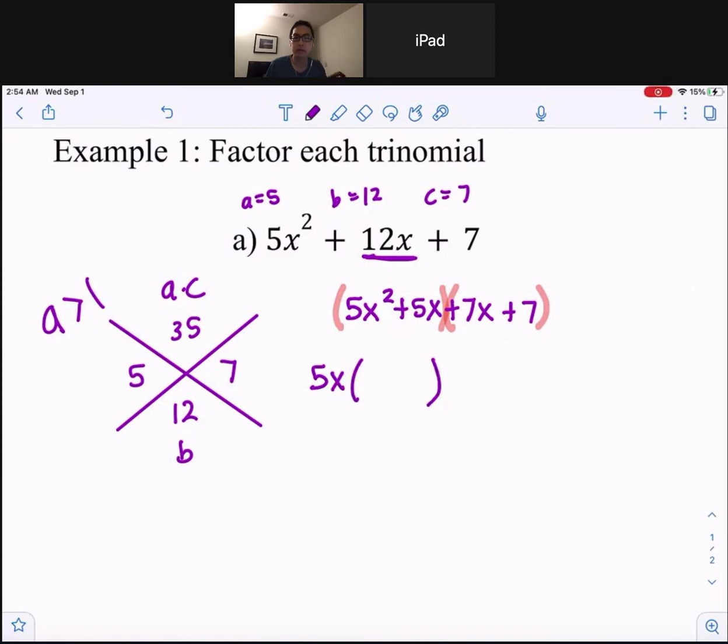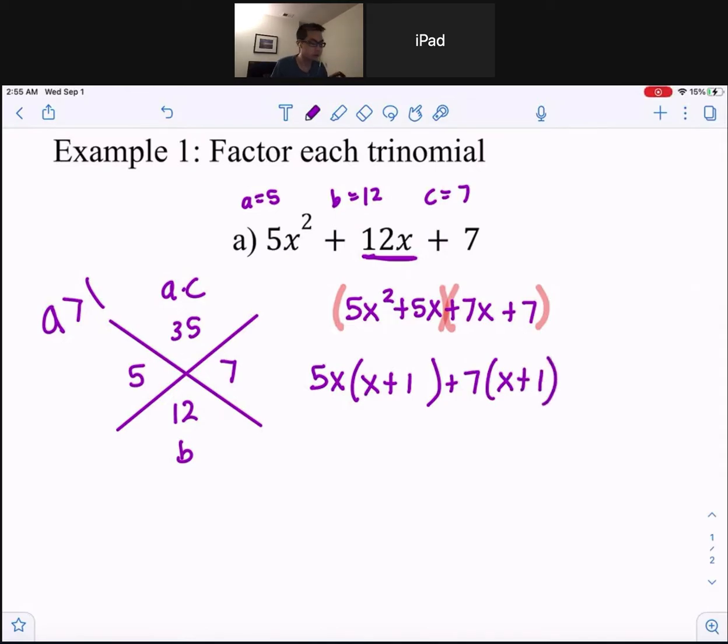And if you guys factor out a 5x from this one and this one, we're going to get an x plus a 1. Okay, now what's the greatest common factor from that group, right? You can divide a 7 into both. So factoring out a 7, x plus 1.